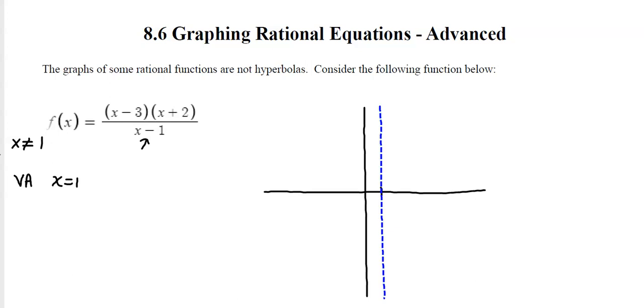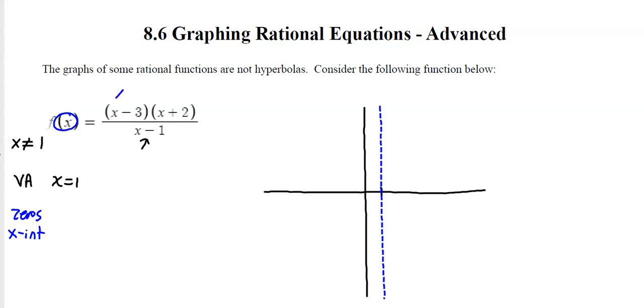Now if I wanted to find the zeros of this function, get rid of the dotted line there. Where are the zeros, aka x-intercepts, because remember x-intercepts are zeros? Well, this function is going to equal 0 when the top equals 0. The only thing we have to worry about is when the numerator, the top, is going to be 0.